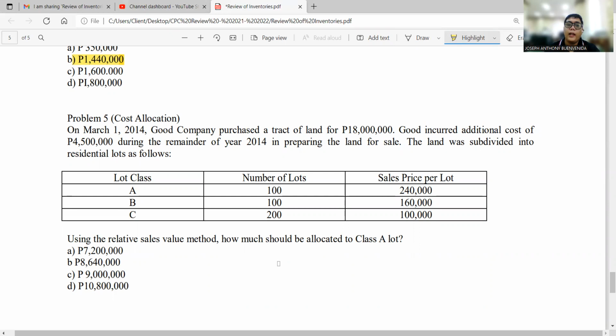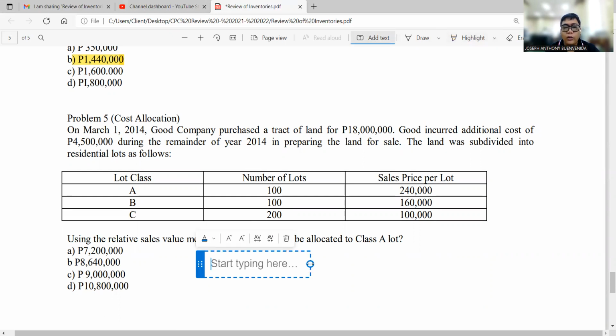Okay, so relative sales method, meaning i-value natin siya based on its relative number of lots and sales price. Okay, so paano natin siya obrahon? So kinahanglan na natin kuhaon ang total value ng every lot class. So si A, ang value niya ay 100 lots multiplied by its 200,000 na price per lot.